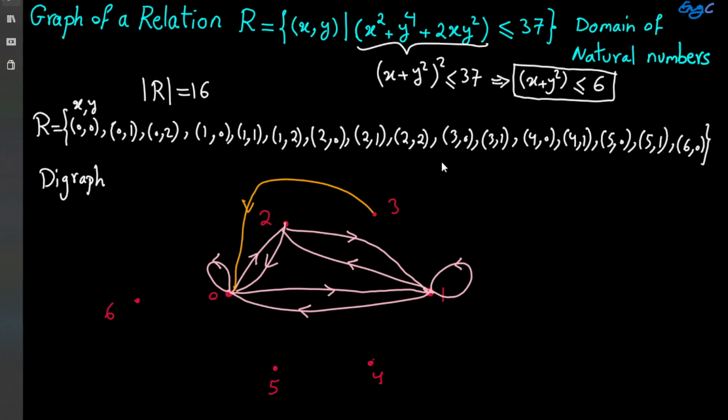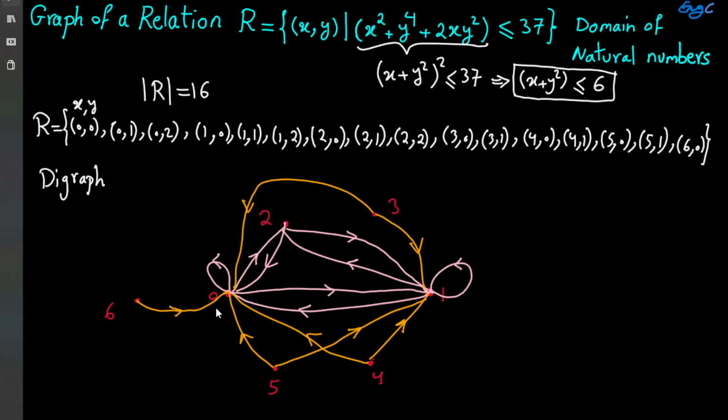Then 3, 1. Then 4, 0. 4, 1. 5, 0. 5, 1. And 6, 0.